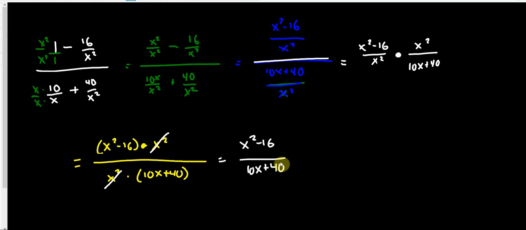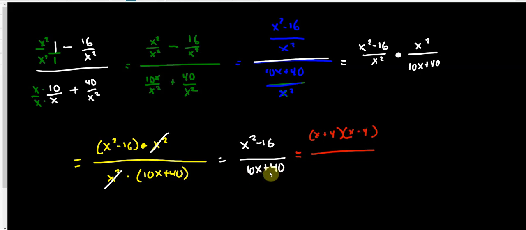Well, this looks great, but to make this kind of the hardest problem, I bet this might factor and simplify more. So let's do our best factoring skills here, and let's see what we get. Well, this is a difference of squares, a subtraction of two perfect squares. And we know what that's going to factor into. That'll be x plus 4 and x minus 4.